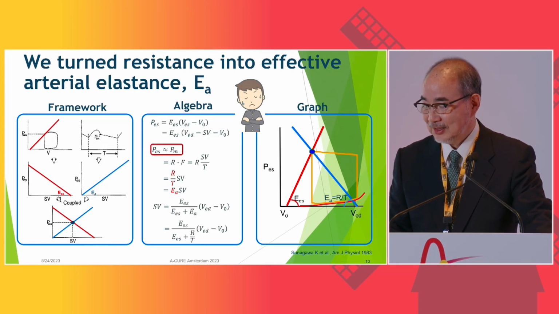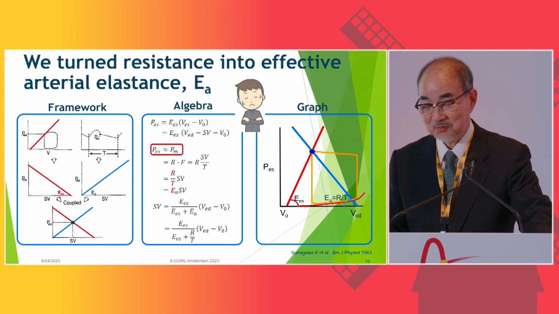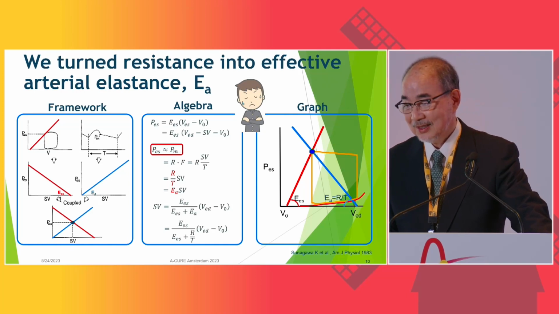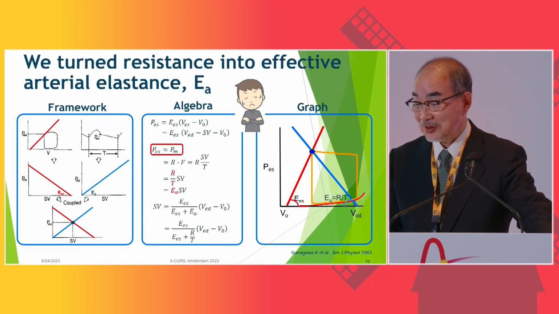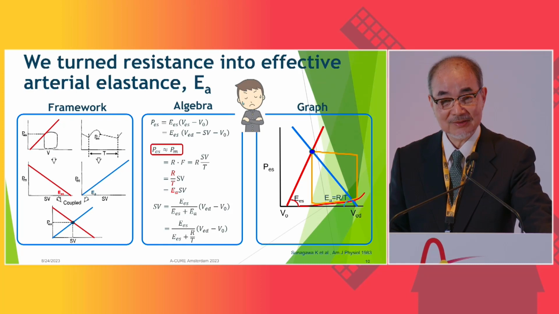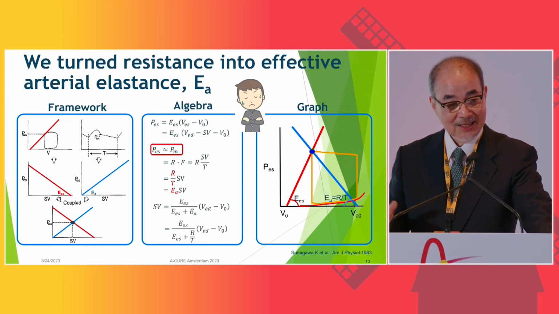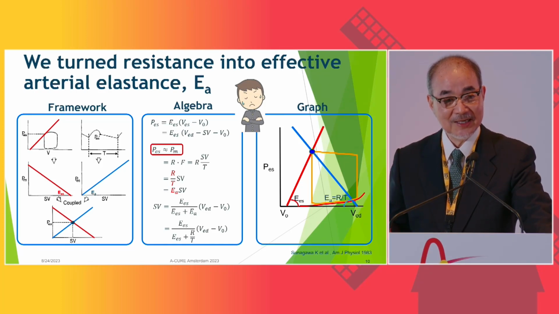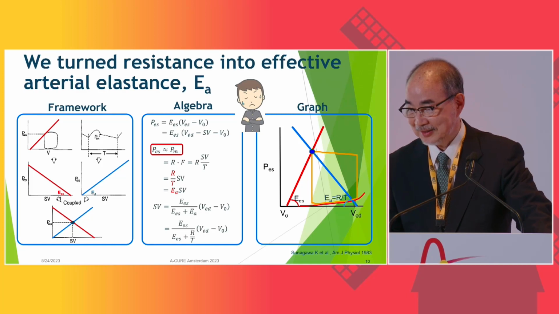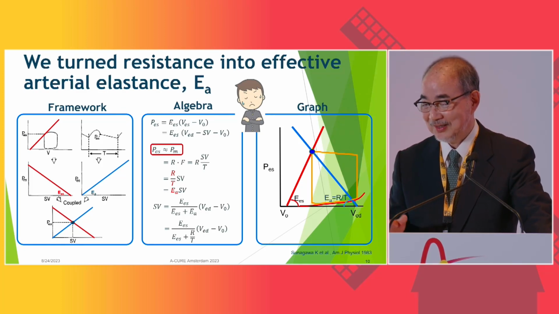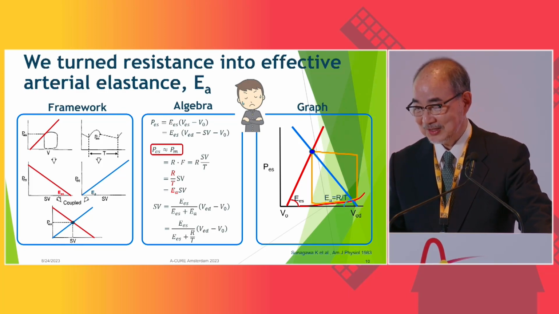But the trick here is I assumed, this is a pretty wild assumption, end-systolic pressure approximates mean arterial pressure. I know that many of you may not agree with that, so we need really extensive validation of this idea. I'll show that later. But anyway, suppose that we can approximate this relationship.